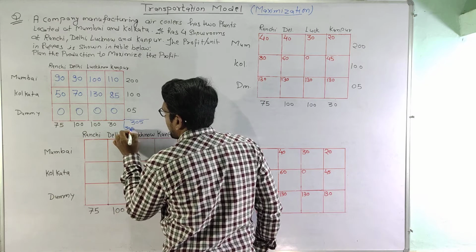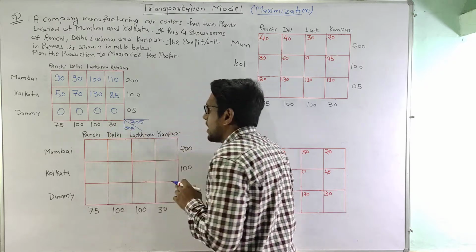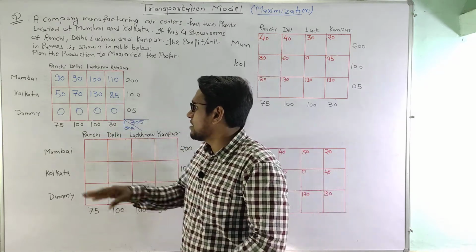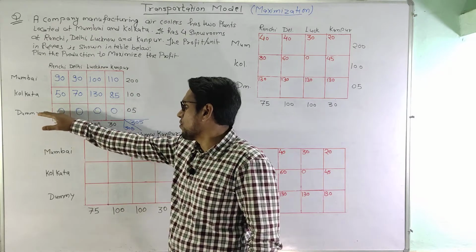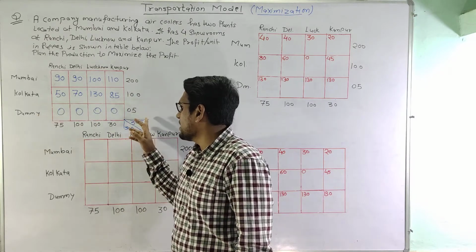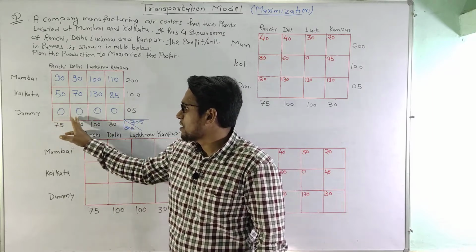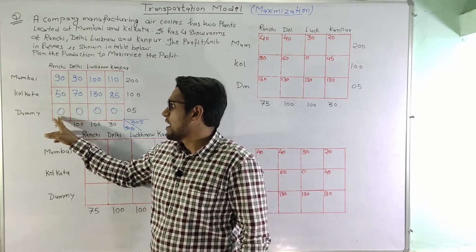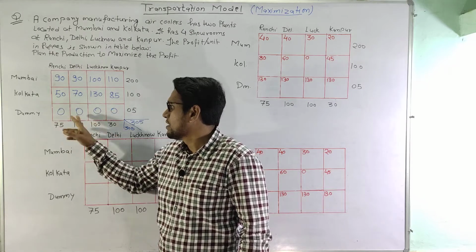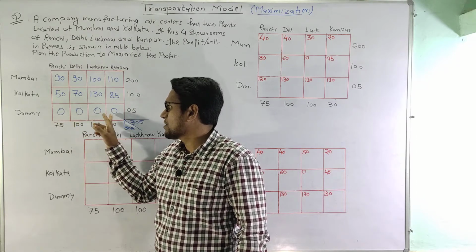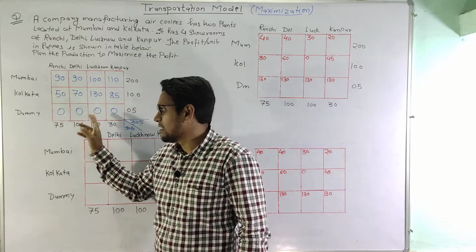Now, after adding this dummy row, total supply is equal to total demand, and this 0 represents that there will be 0 profit if any allocation comes under these cells.